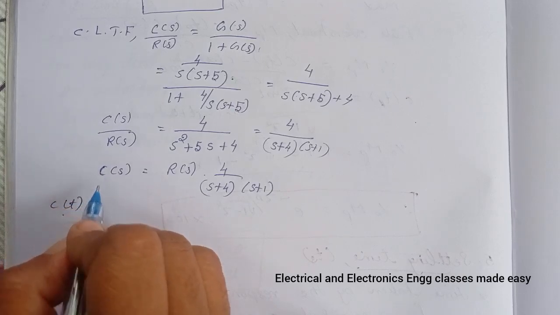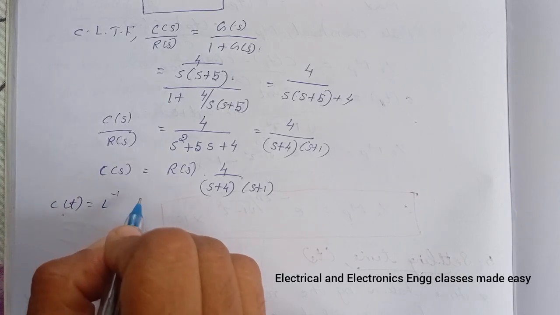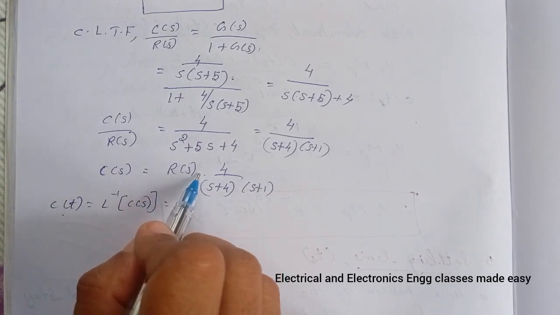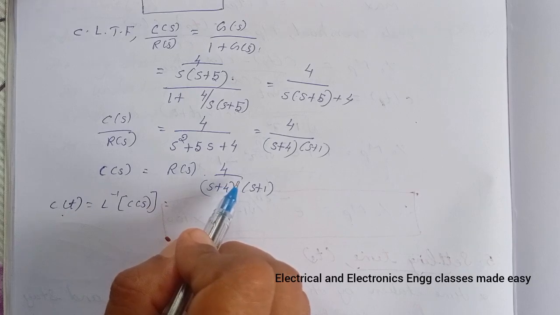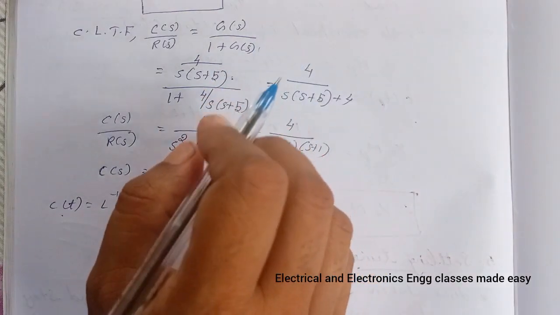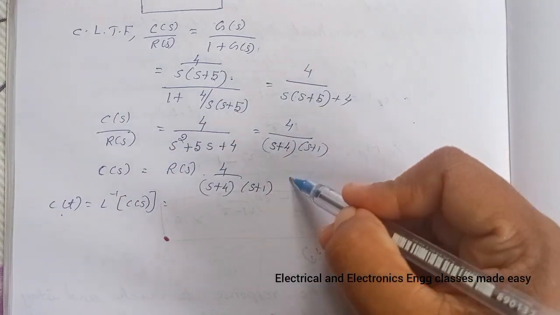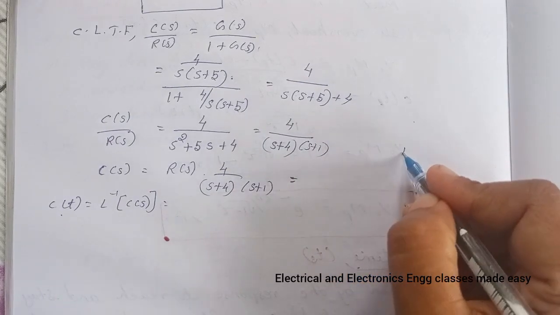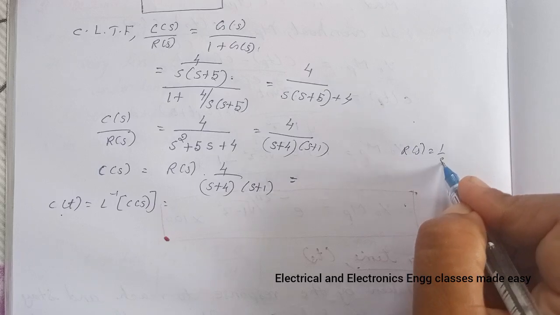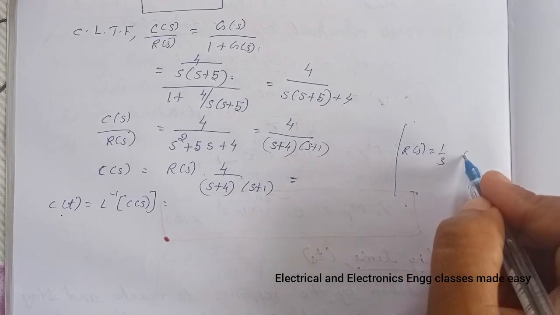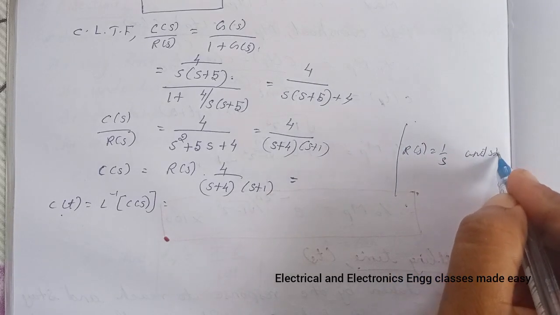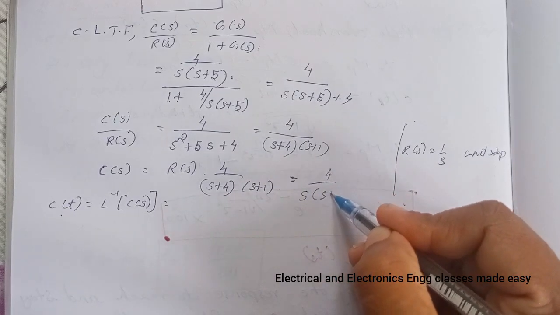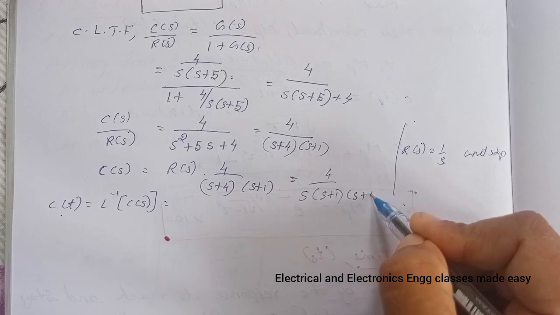For that we have to find the Laplace inverse of C(s). So here R(s) is, it is given that unit step signal, so R(s) is 1 divided by s. So R(s) equal to 1 by s for unit step signal. So here we get 4 divided by s into (s plus 1) into (s plus 4).